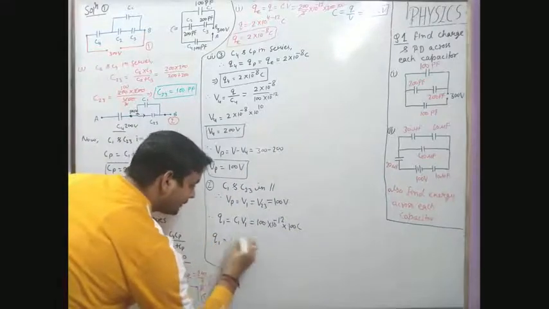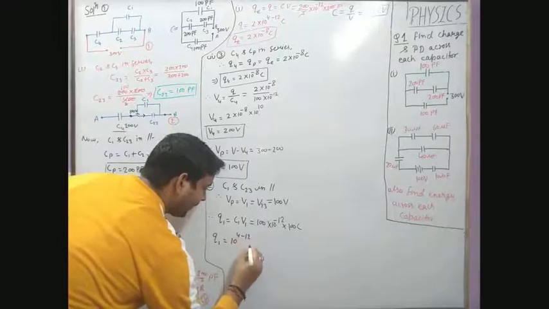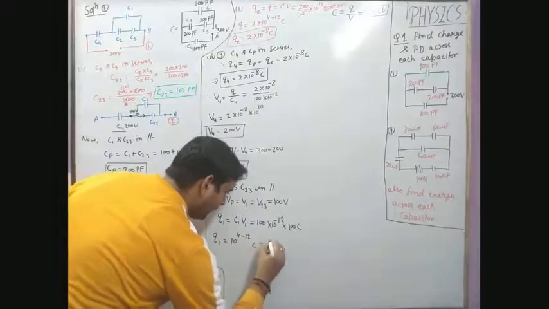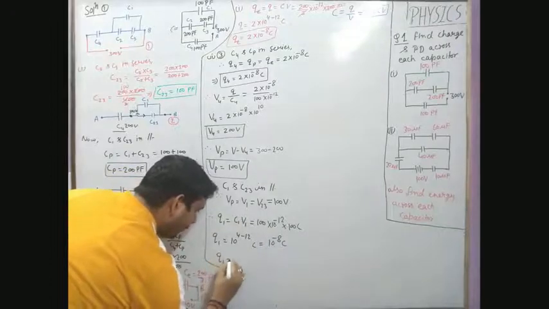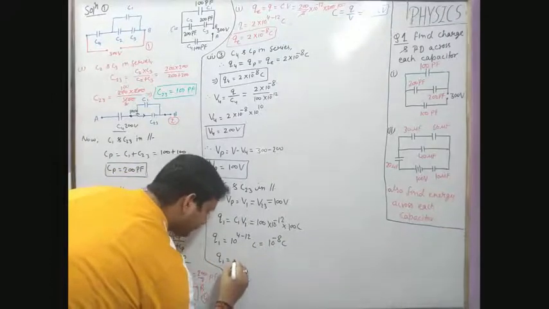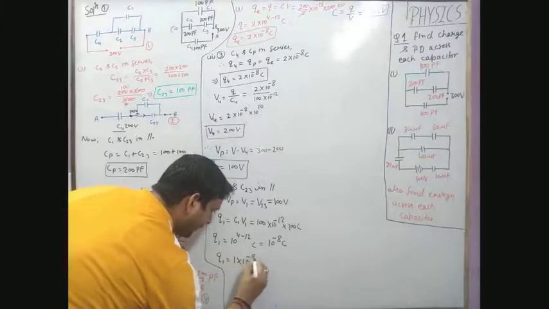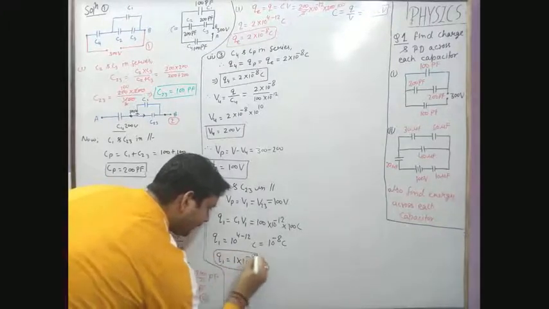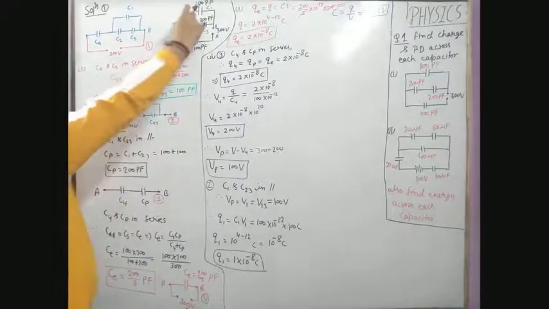Therefore Q1 is equal to 10 to the power minus 10 into 10 to the power 2 coulomb, which gives 10 to the power minus 8 coulomb. That is Q1 is equal to 1 into 10 to the power minus 8 coulomb. This is the charge across capacitor C1.